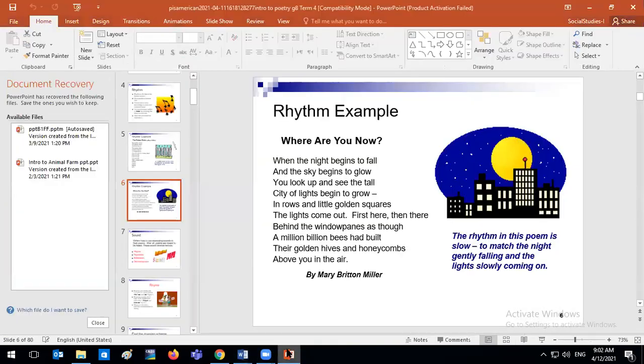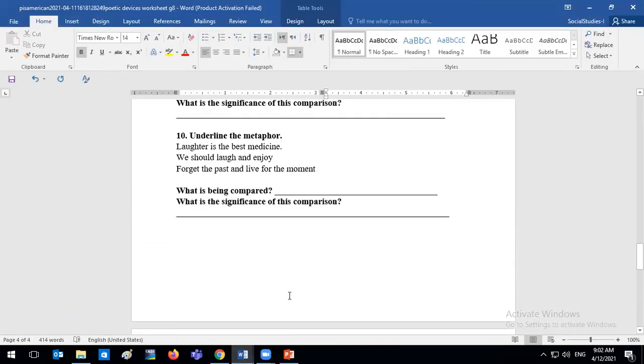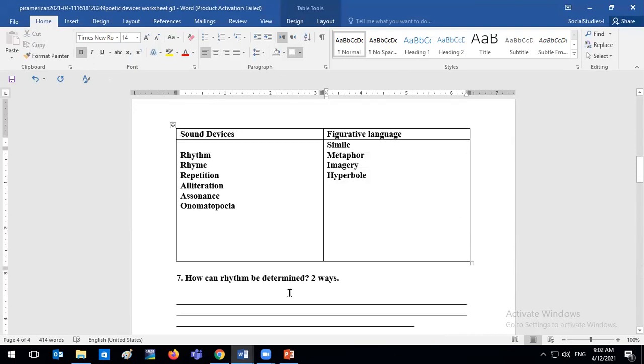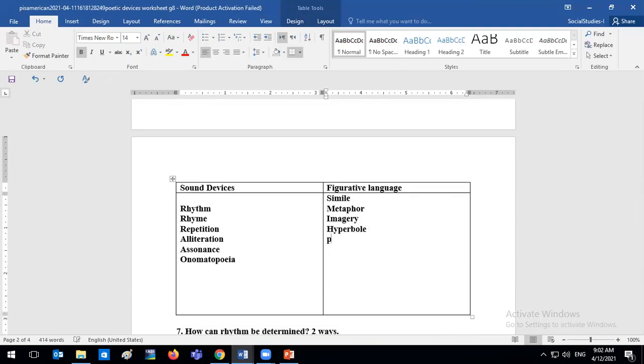Personification, by the way, is included in figurative language. I forgot to add that here. So in figurative language, we're concerned with simile, metaphor, imagery, hyperbole, and personification. We need to be able to detect these things in the actual poem. So this is for poetic devices.